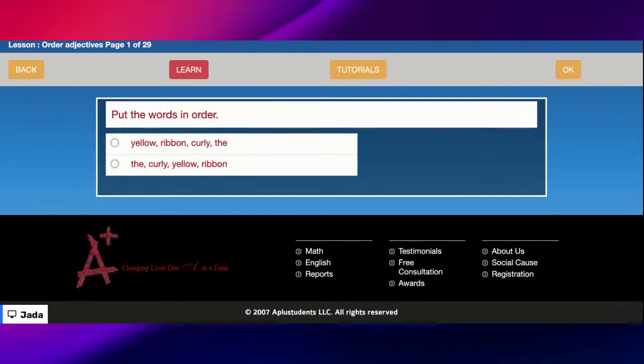Put it in order and then give me the answer. Two, okay?